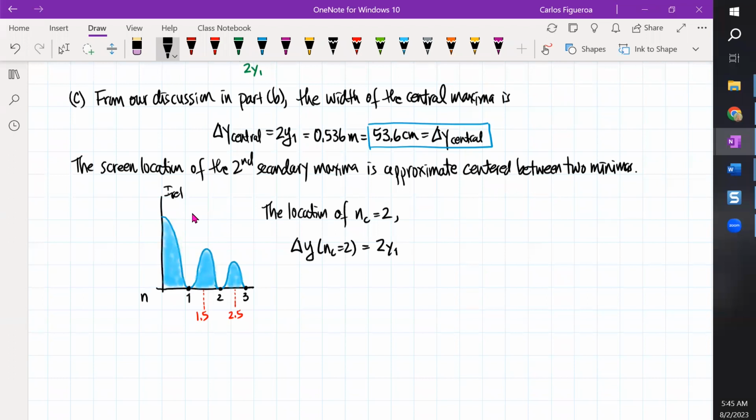Then it's approximately between 2 and 3, so this gives me 1/2 of one of these. So this will be 2.5 y1. If I just plug in my numbers, the value that we end up getting here is 66.3 centimeters, and that's an approximate value for the location of NC equals 2.